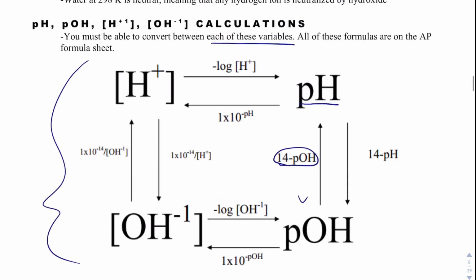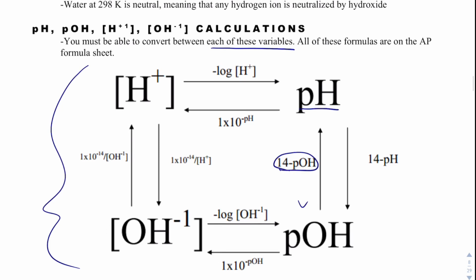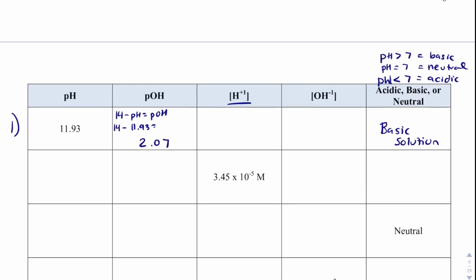Now, I want to get H+. Well, if I'm at pH and I want to get H+, here is the conversion I have to do. 10 to the minus pH equals H+. So in my calculator, I'm going to do 10 caret the negative 11.93, and that will give me my H+ concentration, or my molarity.